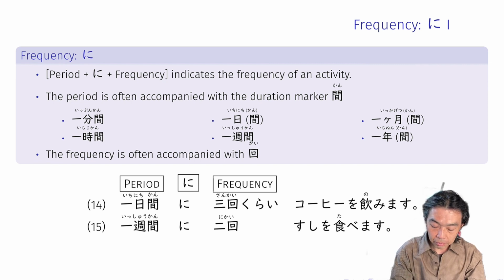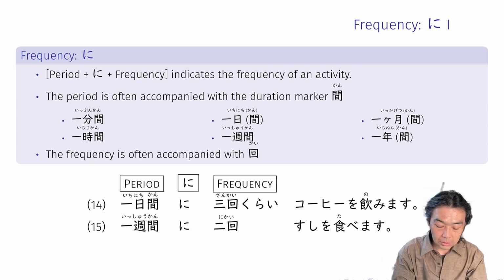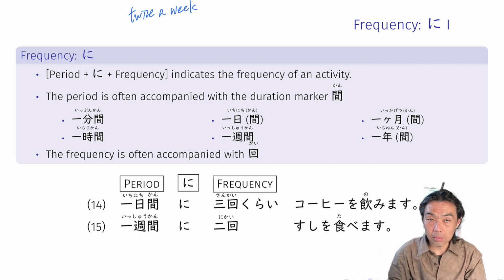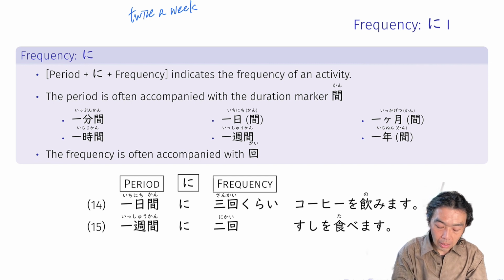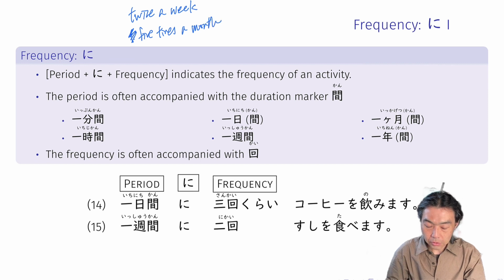An example of the equivalent sentence construction in English is like twice a week, meaning you do it 2 times each week, or 5 times a month. So you do something 5 times each month.